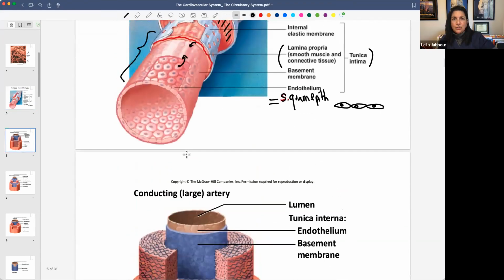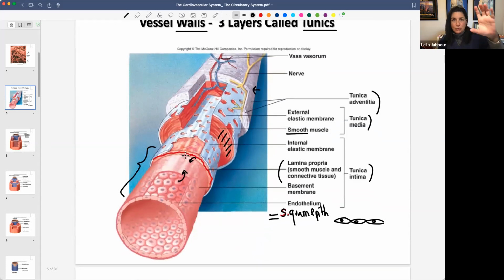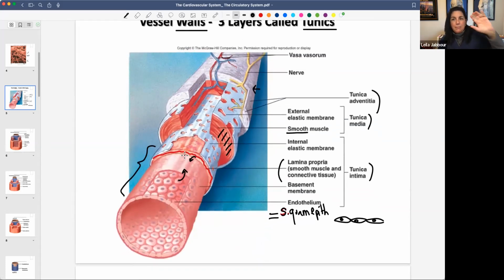So this is the general layout, right? These tunics, tunica intima, media, and adventitia, with a general indication of what we would see in these different tunics, with the intima being the innermost layer. So that's where you would logically see the epithelium, because the epithelium lines the cavities.